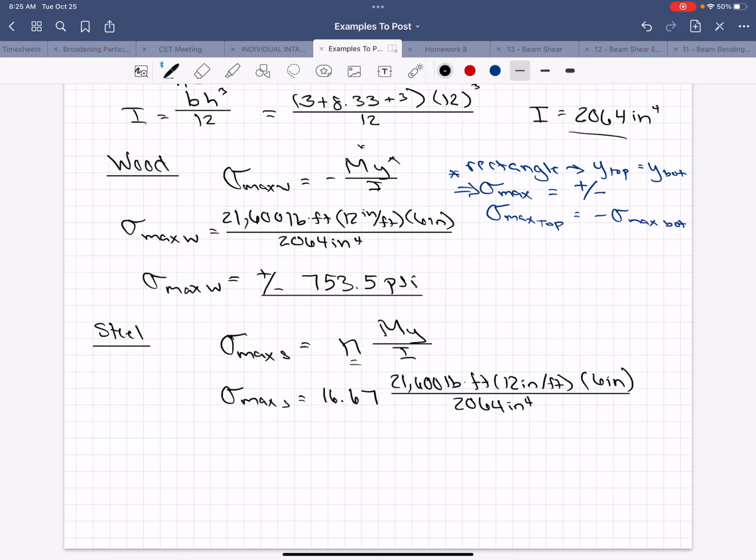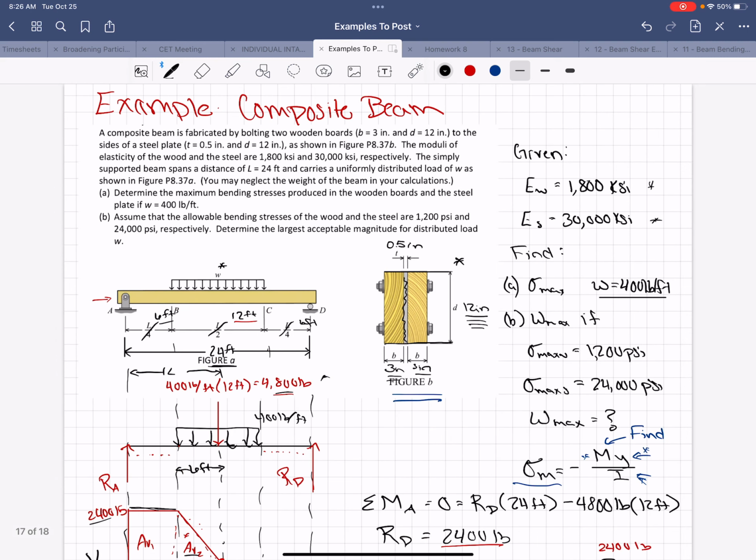And we get a sigma max of the steel equals plus or minus 12,558 psi. So I guess this one, they just wanted us to find what sigma max is.